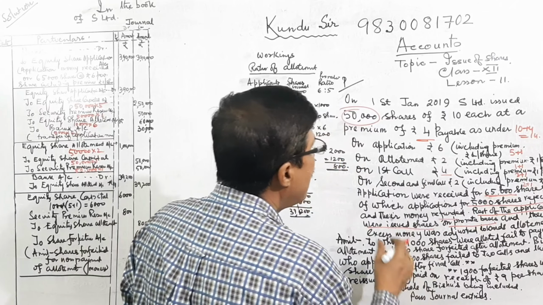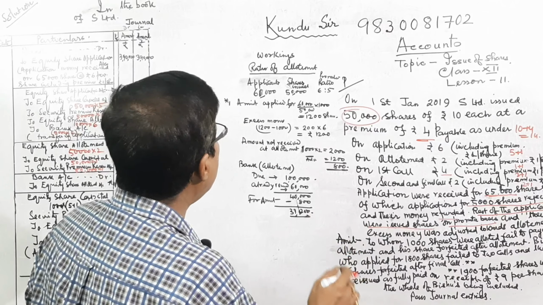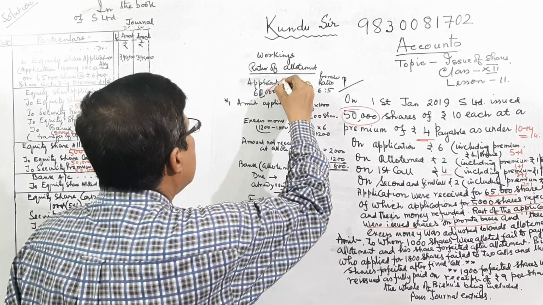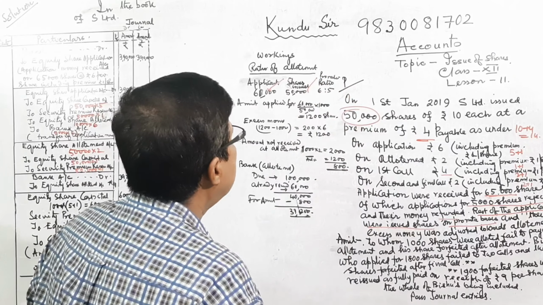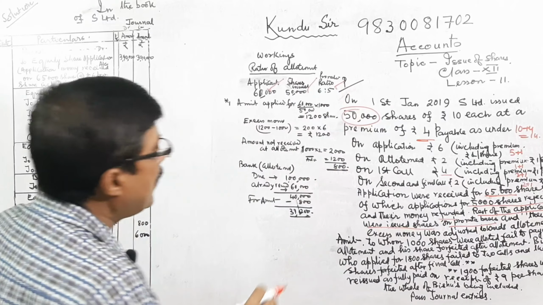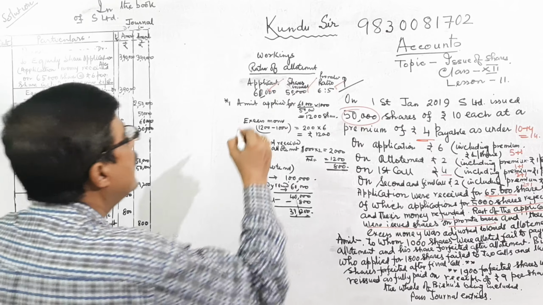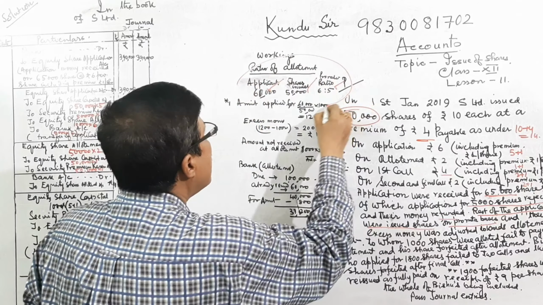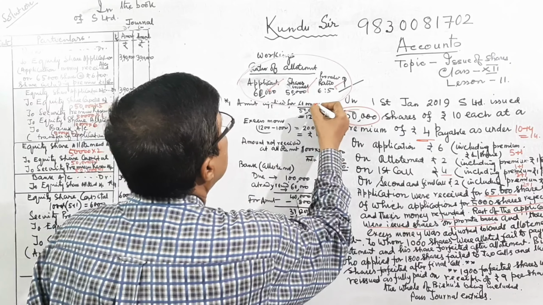That means applications in hand after refund are 60,000, you are issuing 50,000 shares, then the pro rata ratio is 6:5. One applicant applied for 6, got 5 shares. It is the pro rata allotment.